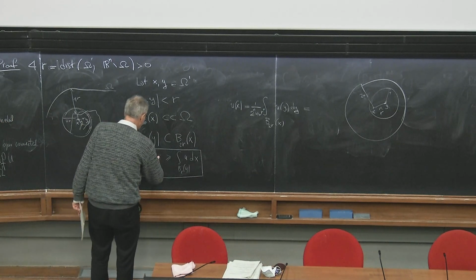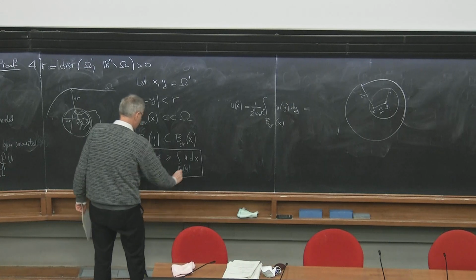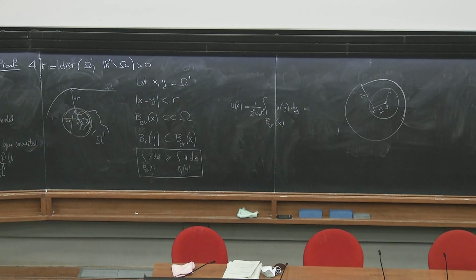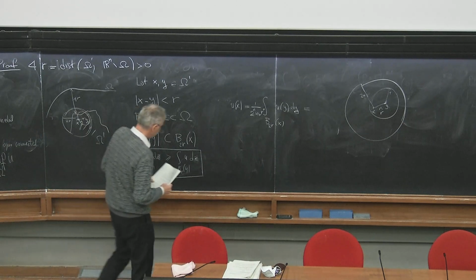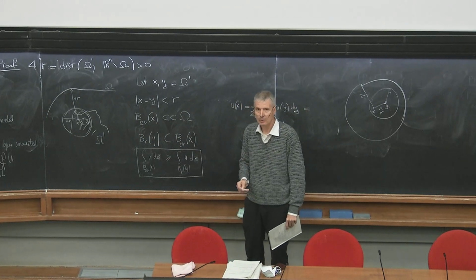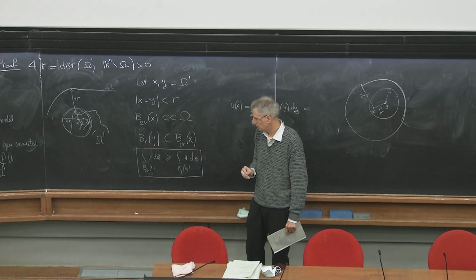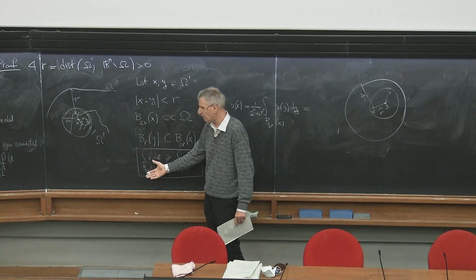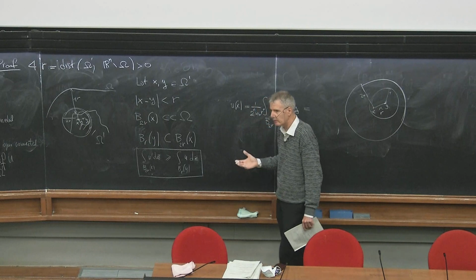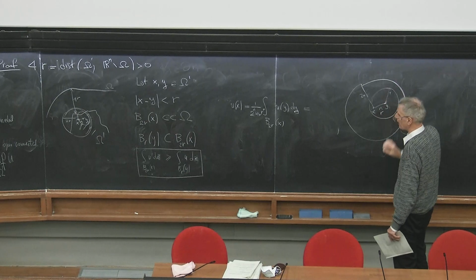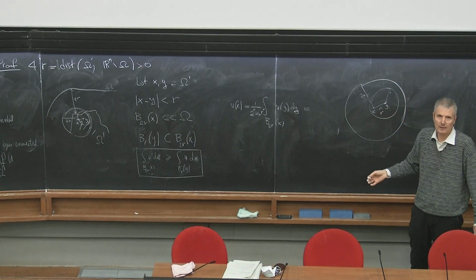I should use another symbol here, dz. Why? Why is this true? Why must the integral of u on a double ball be larger or equal than the integral of u on a small ball? In general it is false.